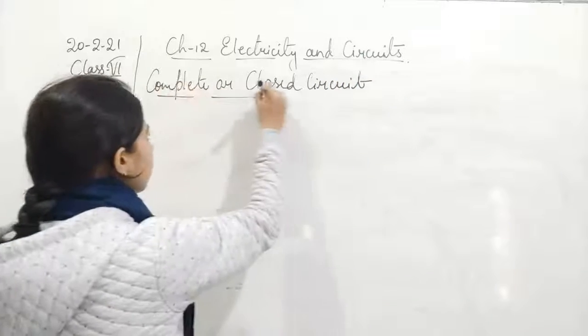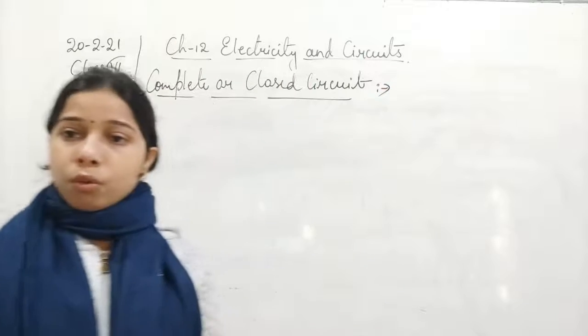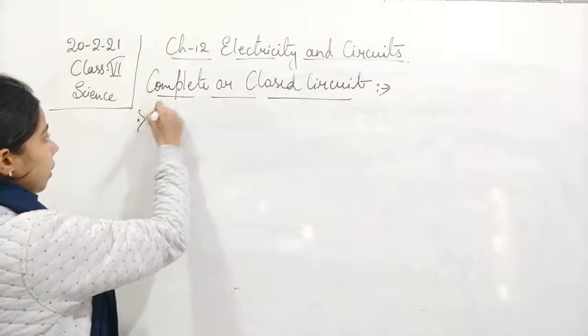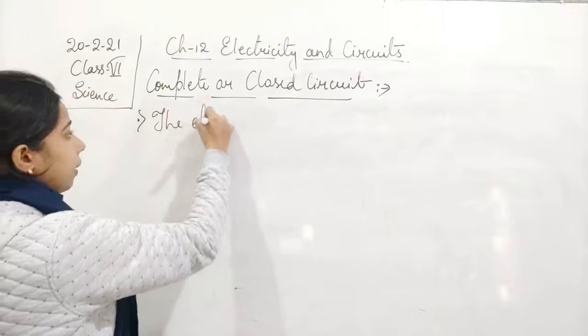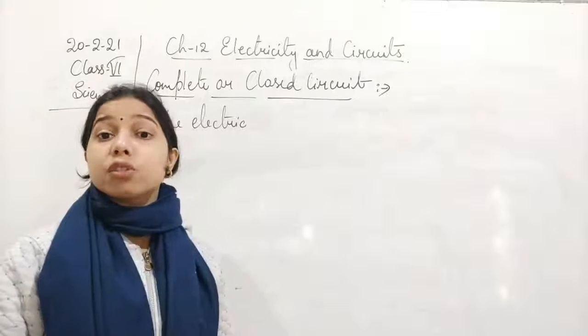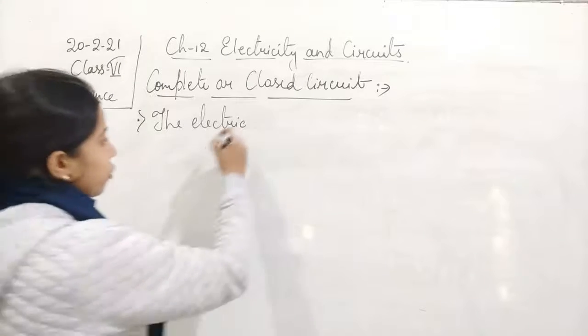Complete or closed circuit. So we can write here, it is the electric circuit where there is no gap in the connection.